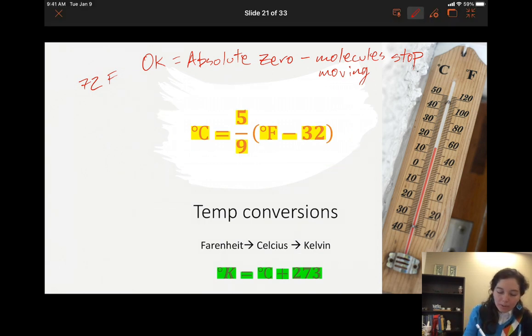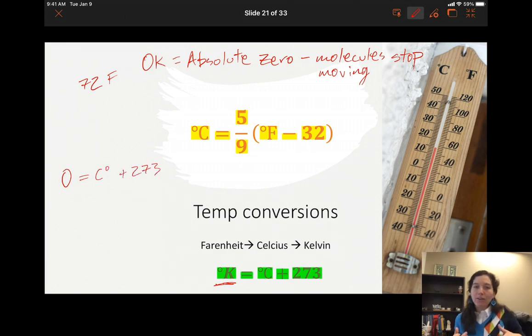So what we're going to do is take 0 here because that's our Kelvin value. So absolute 0 is equal to our Celsius value here that we're going to determine plus 273. To get to Kelvin from Celsius, it's a lot easier. You just take your Celsius value and add 273.